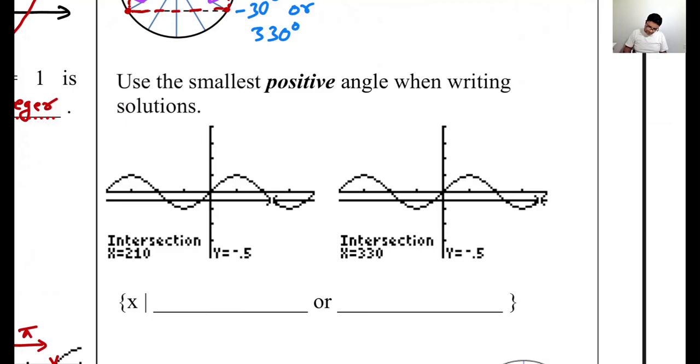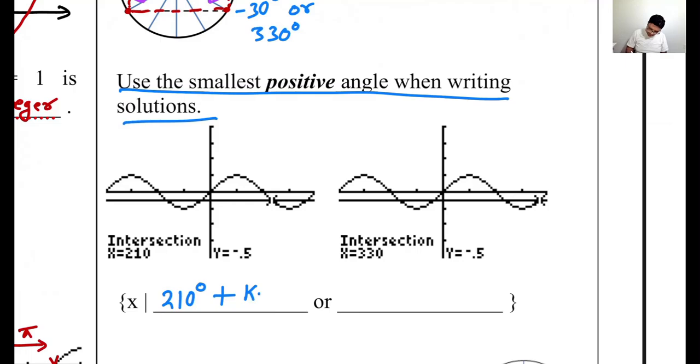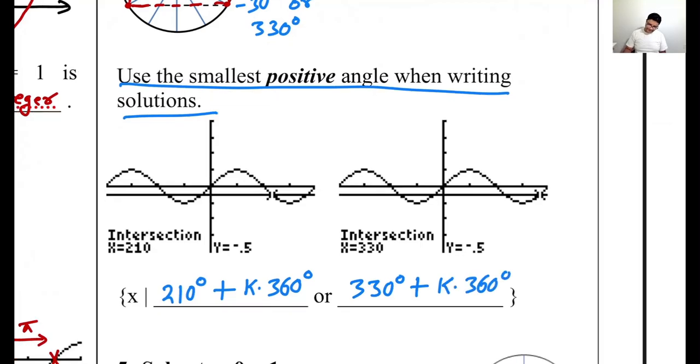And generally we write using the smallest positive angle. So we would say the smaller of these two is 210 degrees, 210 degrees plus k times 360 degrees, or 330 degrees plus k times 360 degrees.